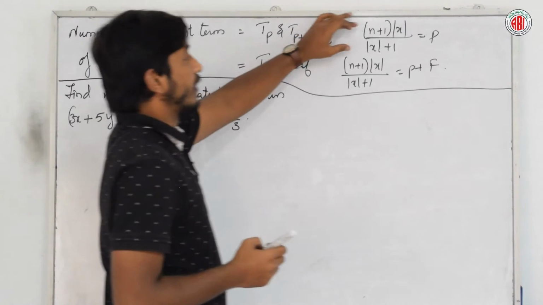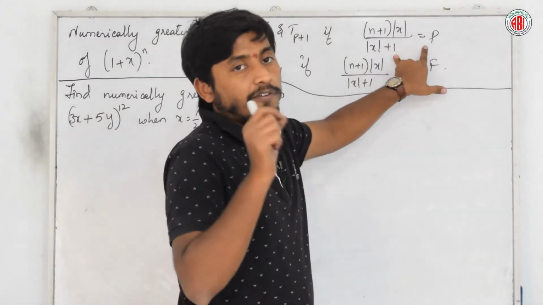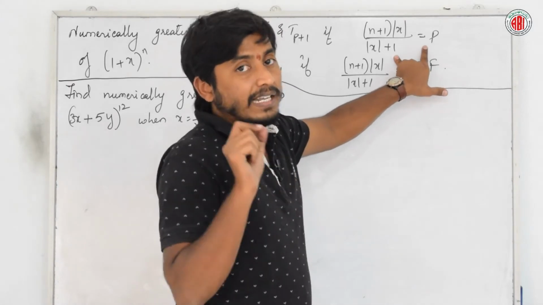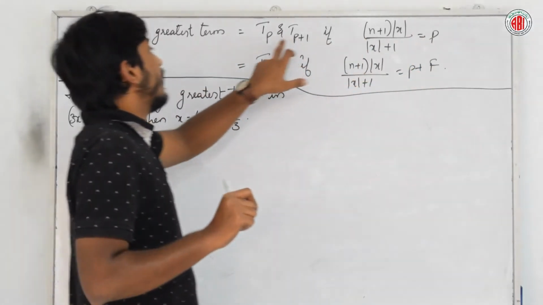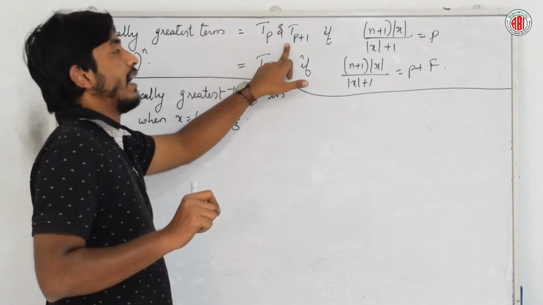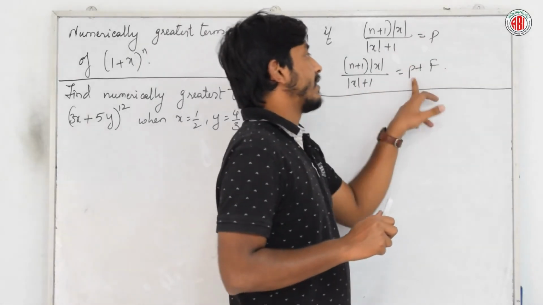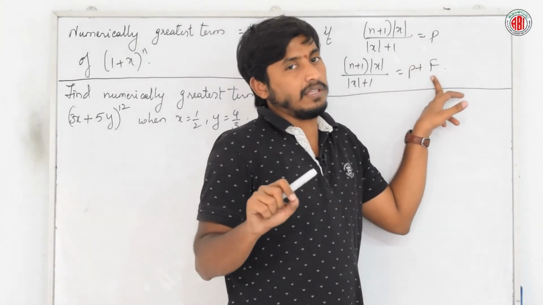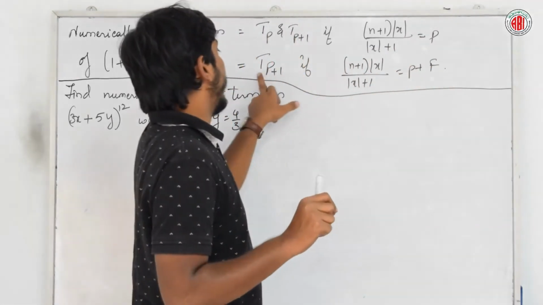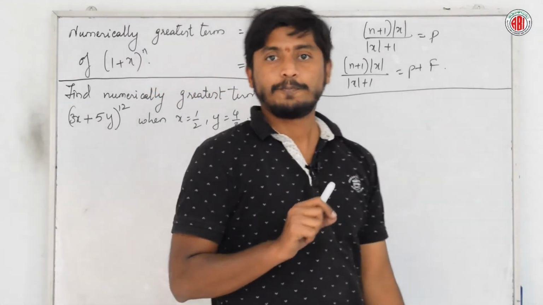That is, if this particular value (n plus 1) into mod x by mod x plus 1 is equal to a fixed integer, if it is an integer, then we can have two numerically greatest terms, that is Tp and Tp plus 1. Right? If it is not an integer, let us say it has some kind of fractional value with it, then it can have only Tp plus 1 as a single term.